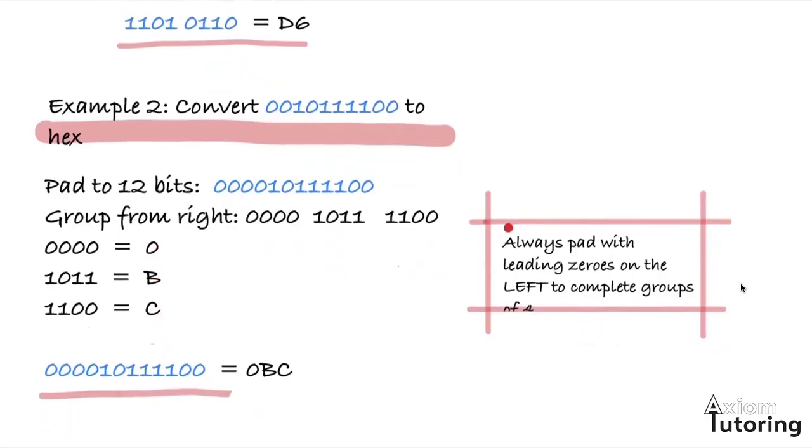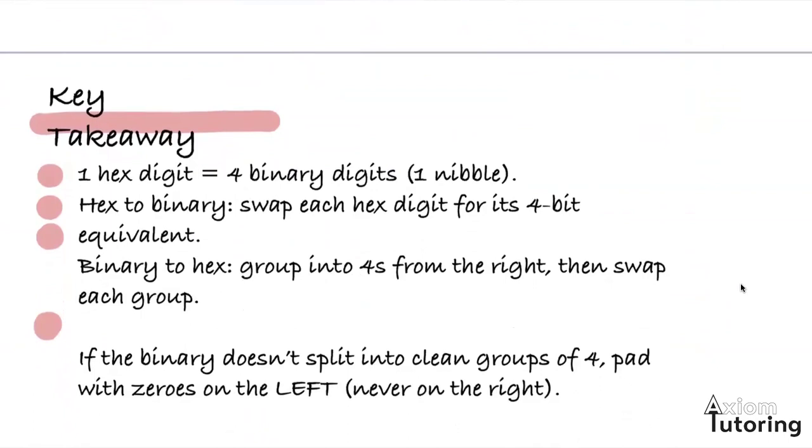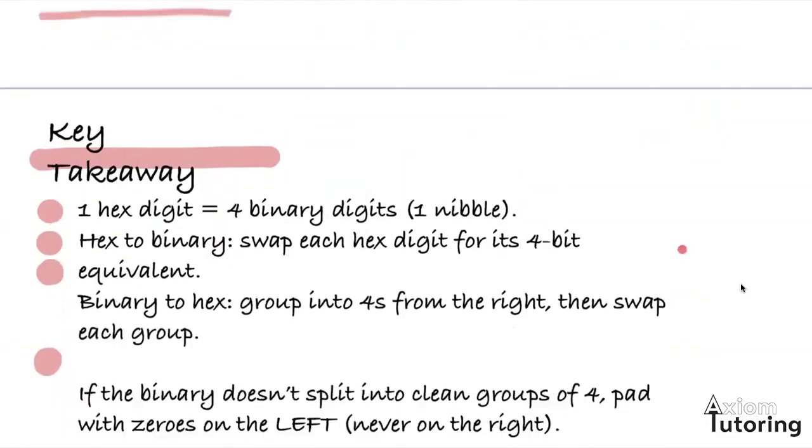Remember, always pad with leading zeros on the left to complete groups of 4. This is very important. Now for key takeaways for this video. Remember that one hex digit is always grouped into 4 binary digits, or as we call it, a nibble. To convert from hex to binary, we swap each hex digit for its 4-bit binary equivalent.